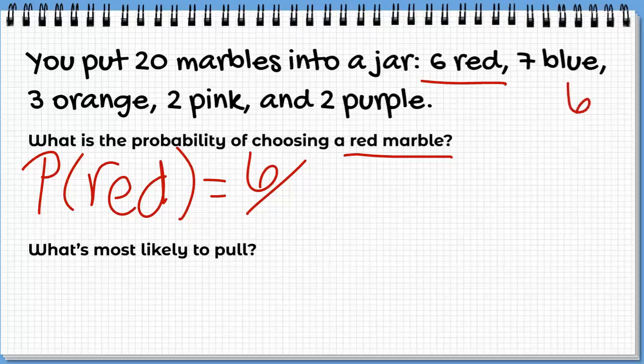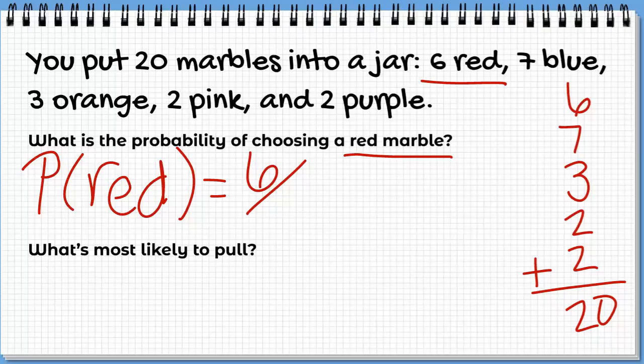So I have 6, 7, 3, 2, and 2. Well, I see that this is going to give me a sum of 20. So I have 6 out of 20. And that's going to equal, because I can simplify this, 3 out of 10, or 30%, or 0.3.